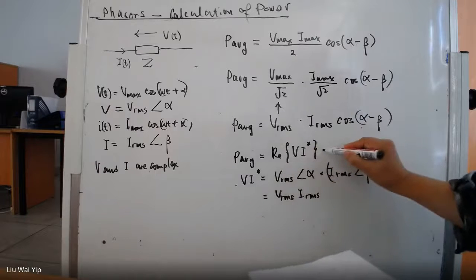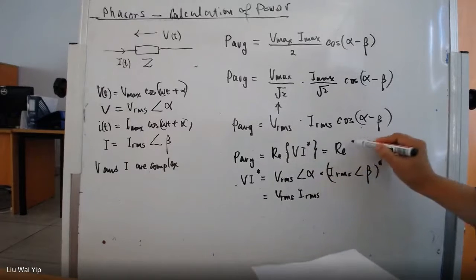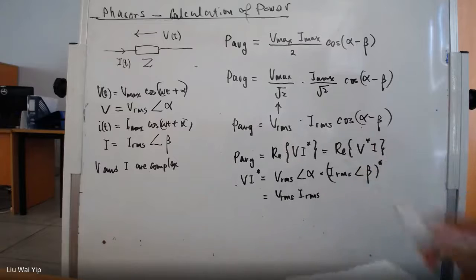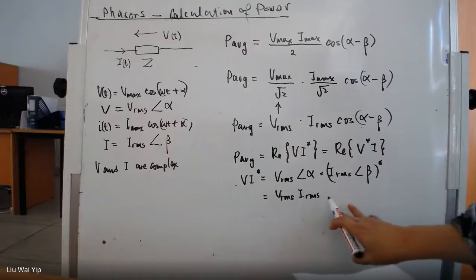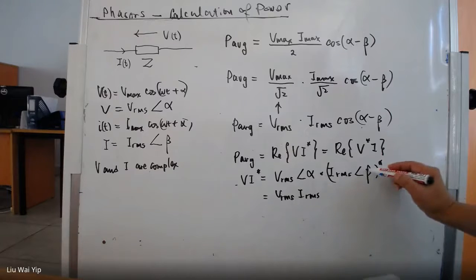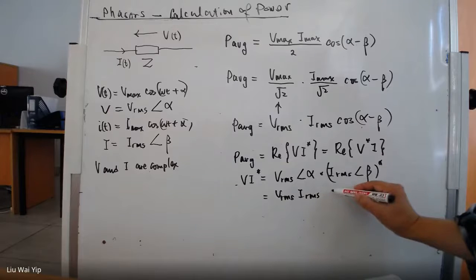So this is the power, the real value of conjugate of V times I. Both formulas will give you the power, and I'm now trying to prove it to you.